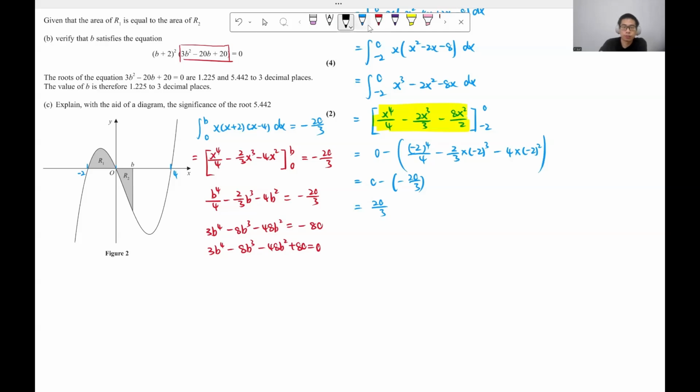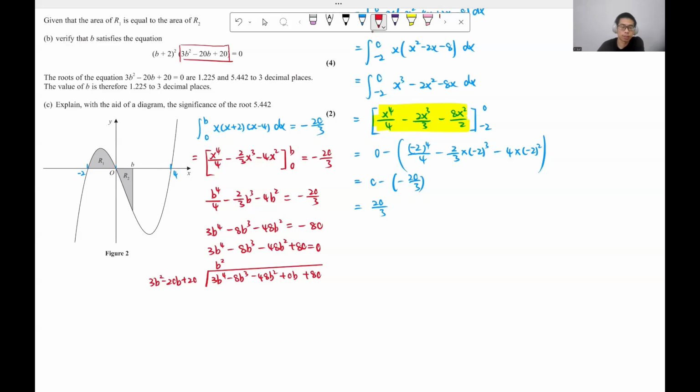So if I divide it, that would be 3b to the power 4 minus 8b cubed minus 48b squared, and I'm going to put plus 0b plus 80, just in case later on we have a b term, so we don't want b on the same line as the other constant. So if we divide by 3b squared minus 20b plus 20, then I'm first going to times by b squared.